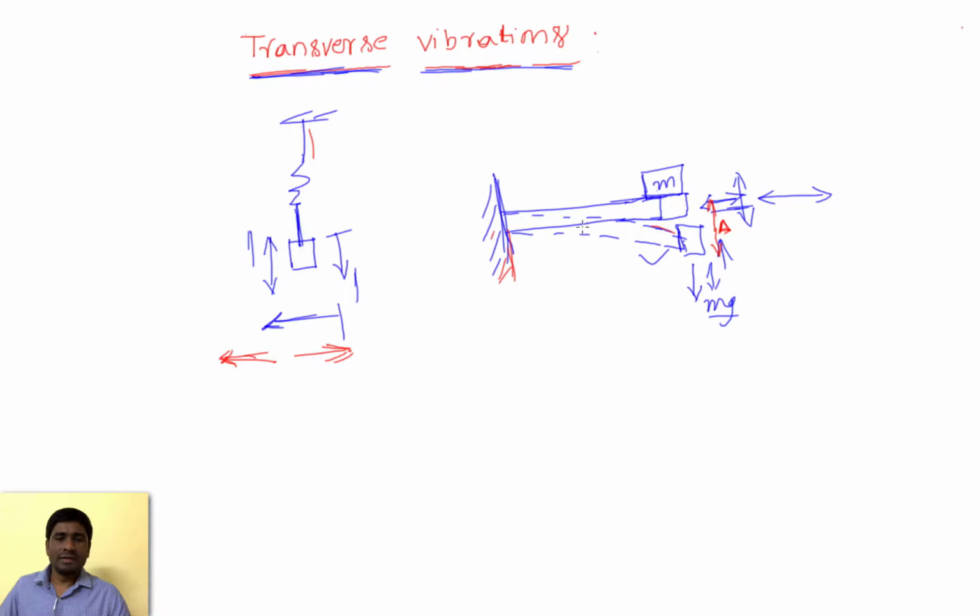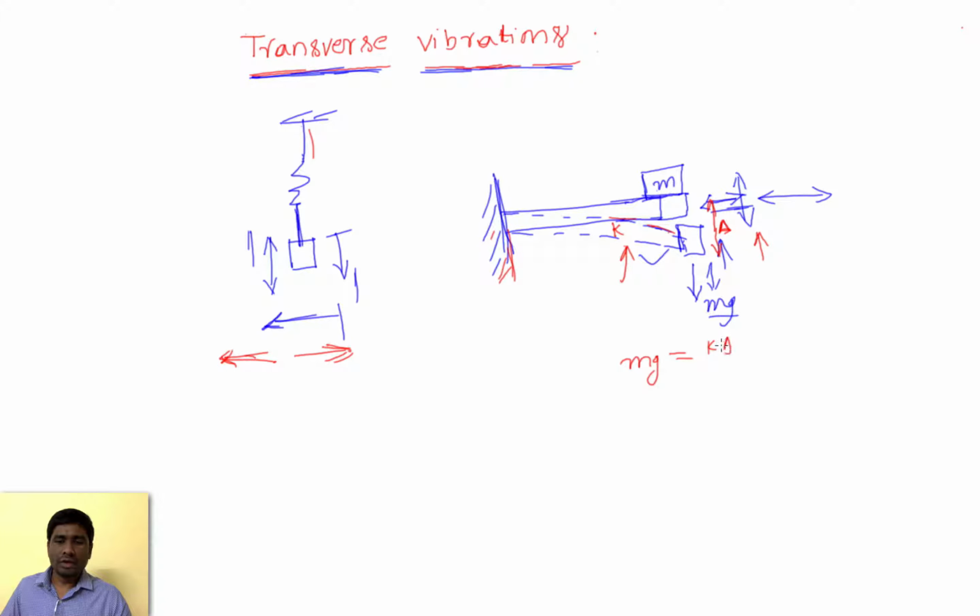That means this cantilever has some stiffness. Whenever there is stiffness, it tries to regain its original position. So let's say the stiffness is k, acting in this direction. So the force due to stiffness is acting in the upward direction. In the equilibrium position, mg equals k into delta, where k is the stiffness of the cantilever beam here.